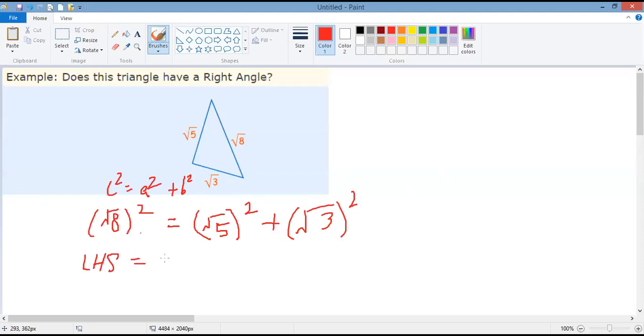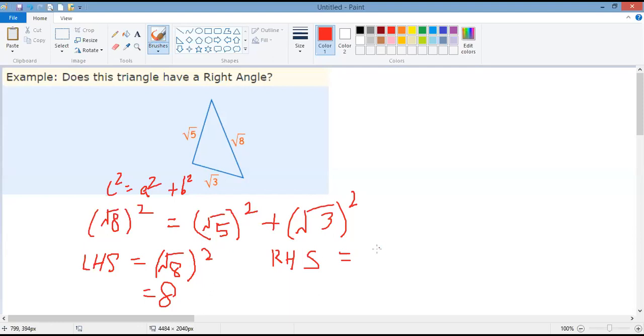Left hand side, I have square root 8 square. Then you have square root and square, so you can remove them. So the left hand side equals 8. Then the right hand side. This is the proper way to show. You cannot straight away write left hand side equals right hand side. You have to test whether this is true or false.